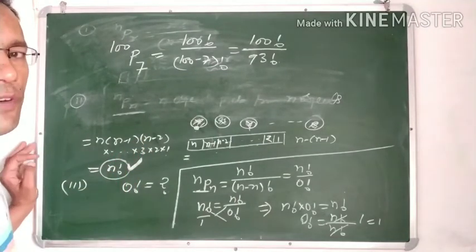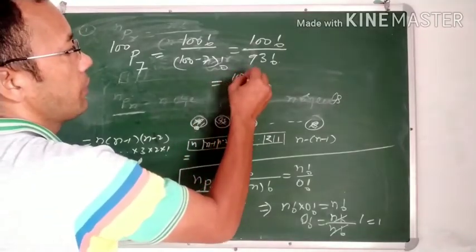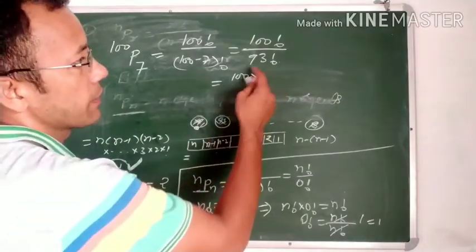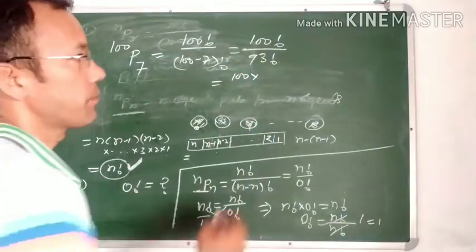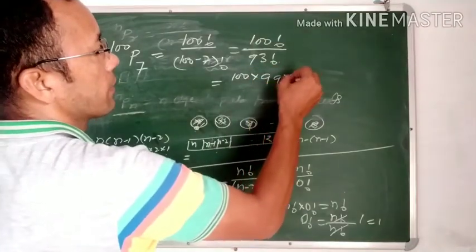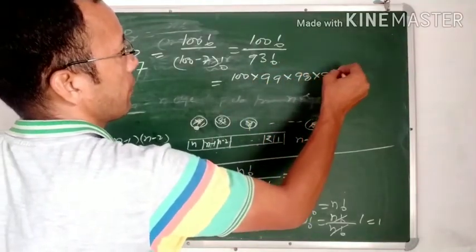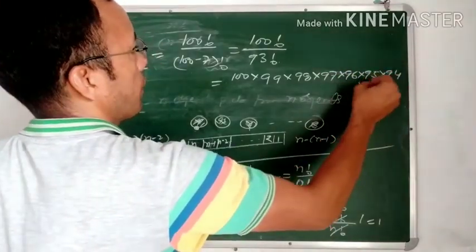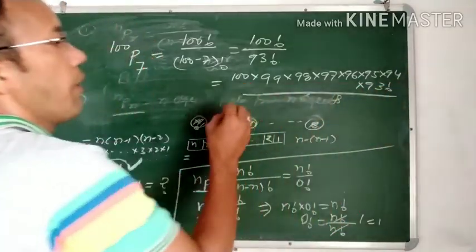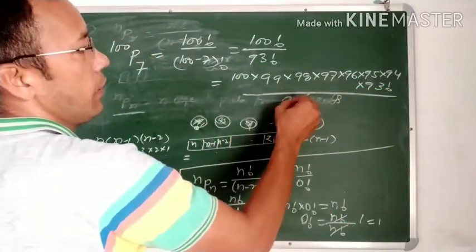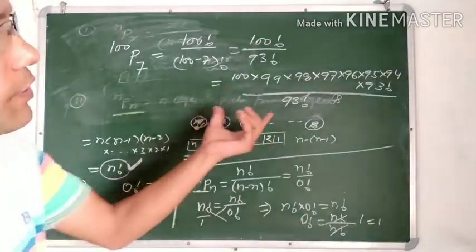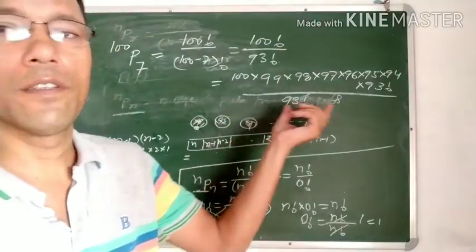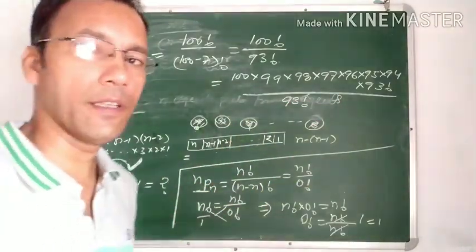If you want to solve it further, you can break 100 factorial down as 100 into 99 into 98 into 97 into 96 into 95 into 94 into 93 factorial, divided by 93 factorial.